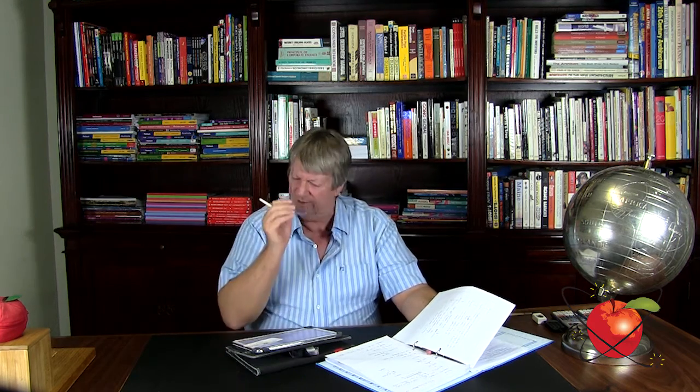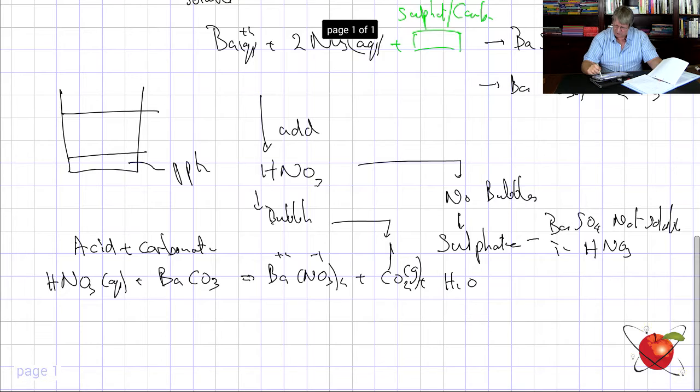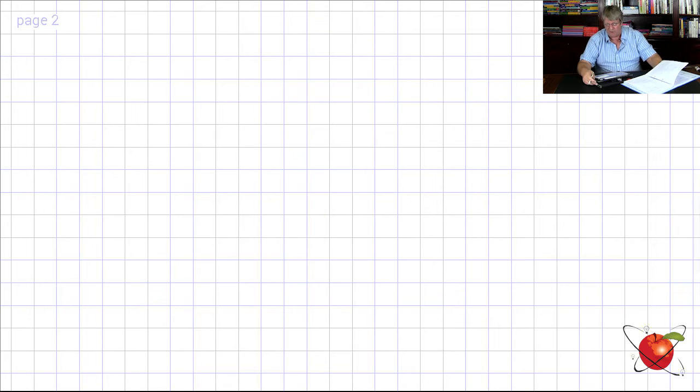Just let's think about that again. If we've got an unknown and we add a drop of HNO3 and we get gas, let's just expand upon it a bit, even though it's not part of the question.